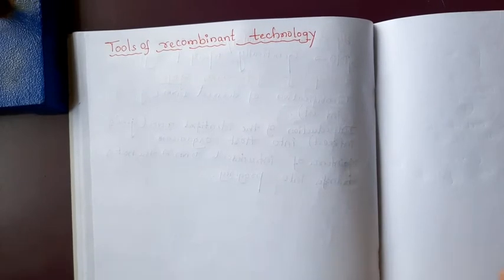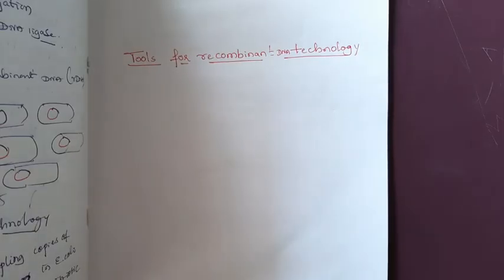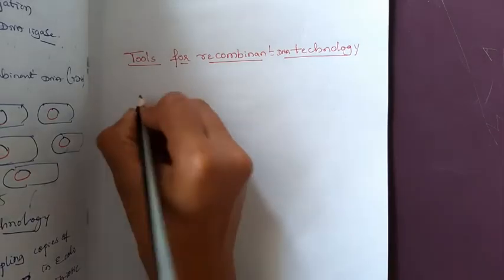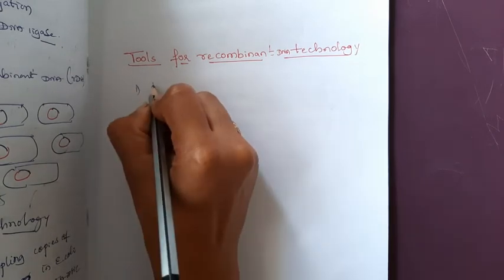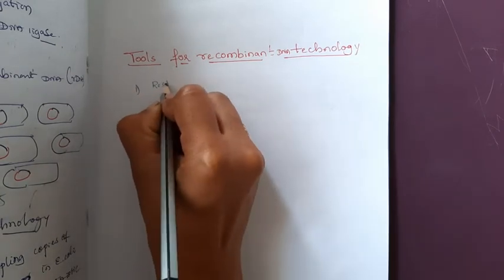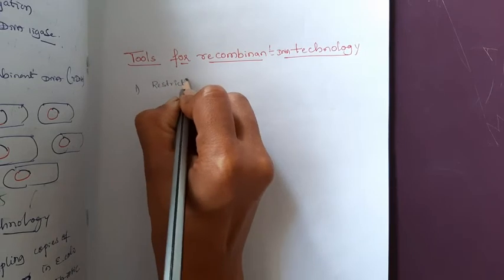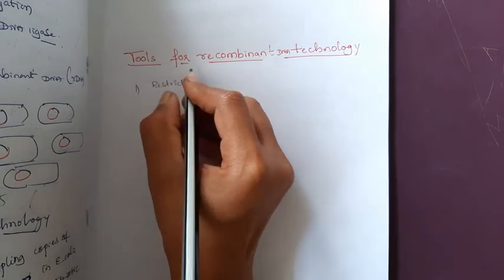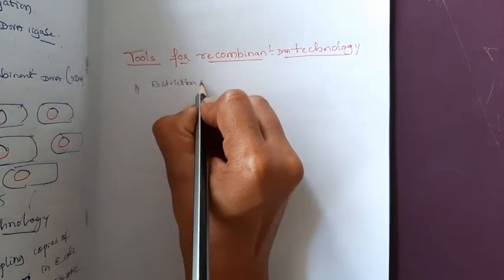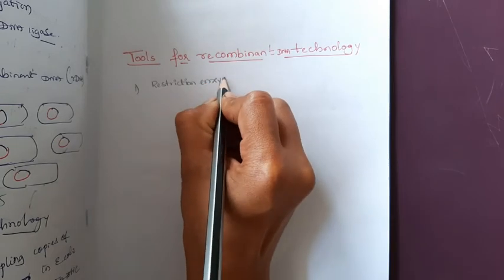The important tools for recombinant DNA technology: first one, restriction enzymes.